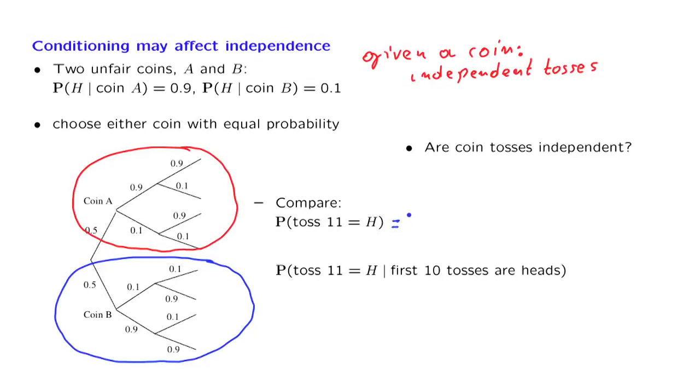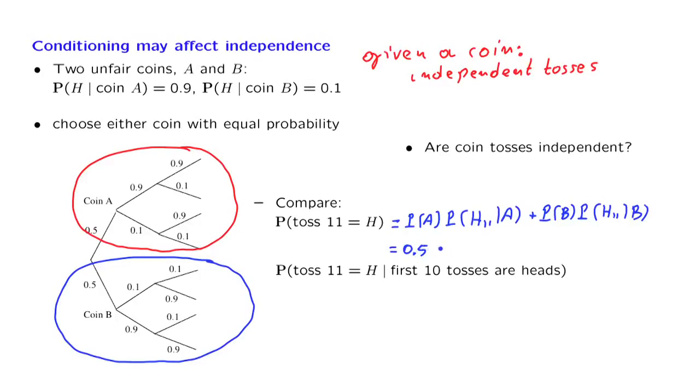There's a certain probability that we have coin A, and then we have the probability of heads in the 11th toss, given that it was coin A. There's also a certain probability that it's coin B, and then a conditional probability that we obtain heads, given that it was coin B. We use the numbers that are given in this example.